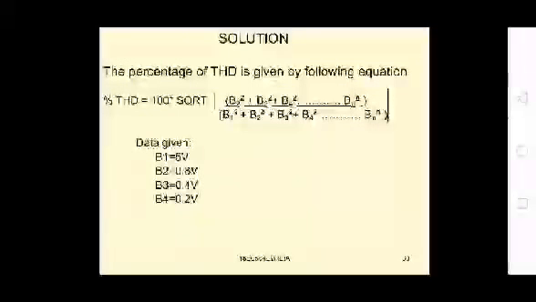So percent total harmonic distortion: in this formula we substitute the values. b1, the fundamental component, is 5 volts, the second harmonic is 0.8, the third is 0.4, and the fourth is 0.2.